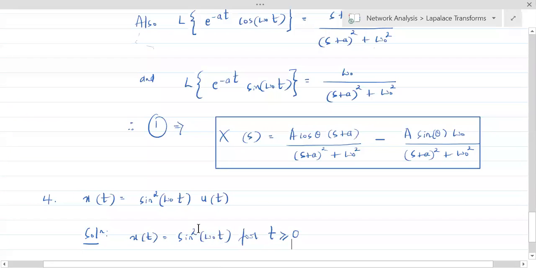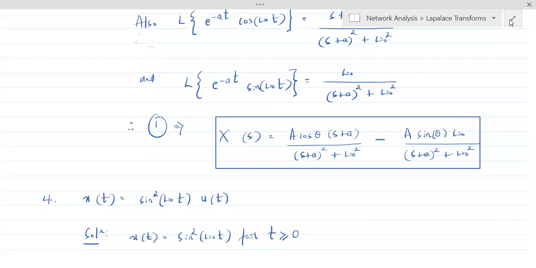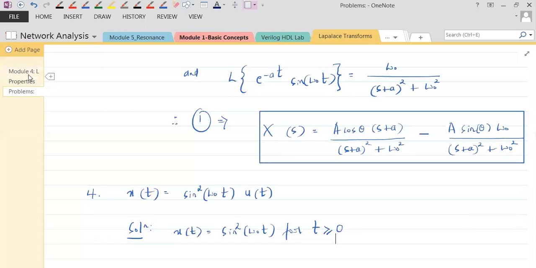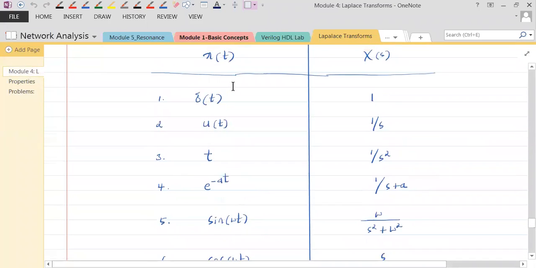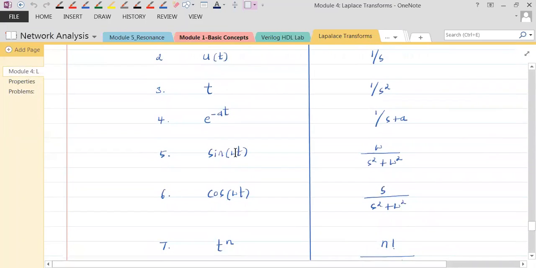But if you remember, we nowhere have sine square theta or cos square theta as standard signals. See here, the standard signals that we have seen are these, and nowhere do we have sine square omega naught t or cos square omega naught t.